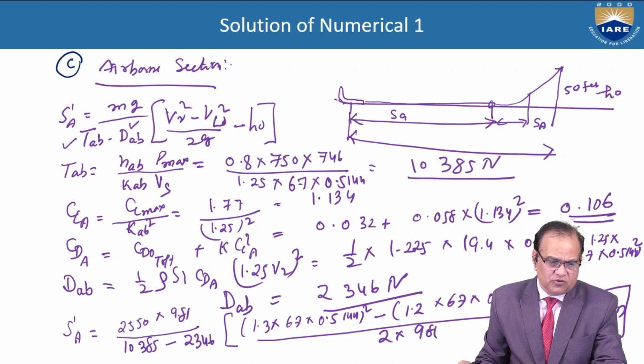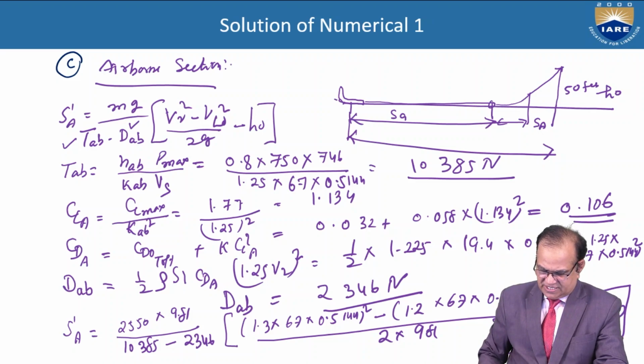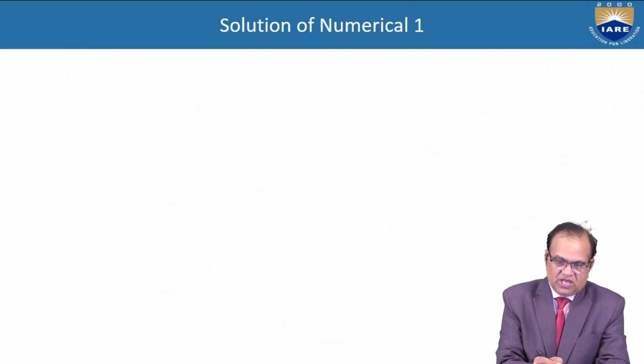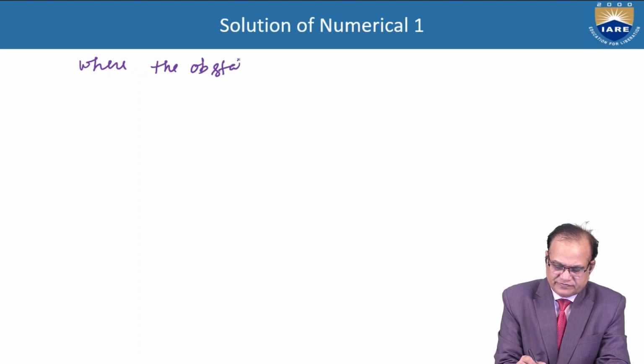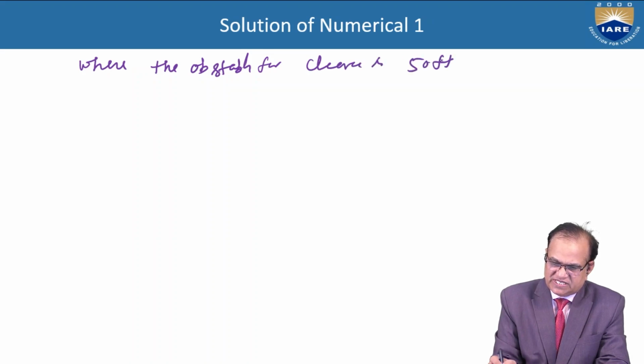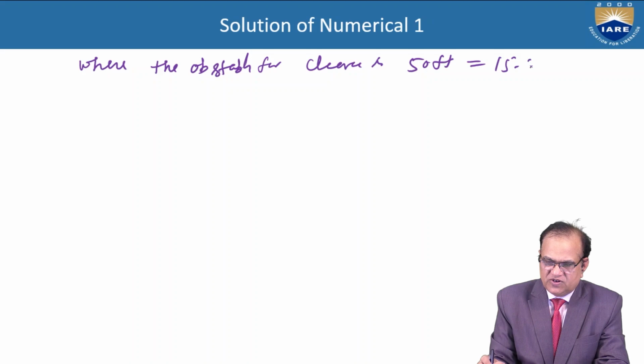Now we have to find out, if the obstacle is 50 feet, where the obstacle is given, obstacle for clearance is 50 feet, that is 15.24 meter.